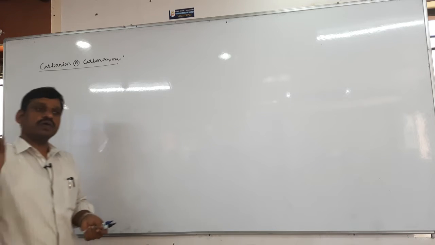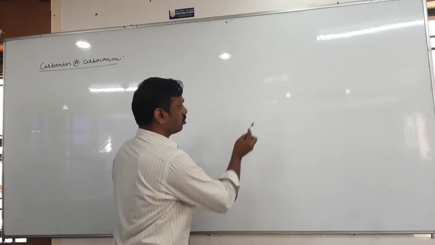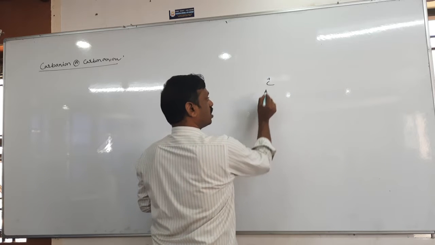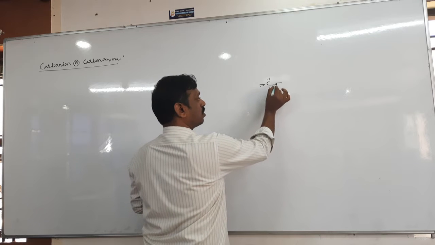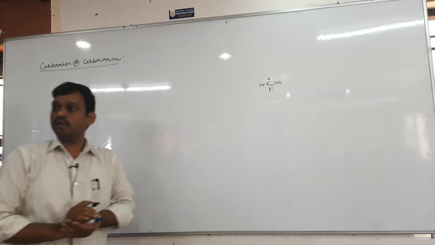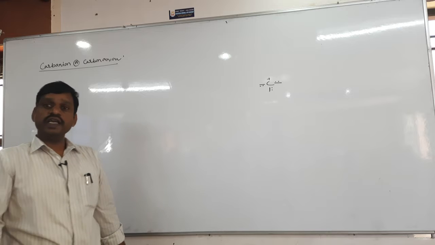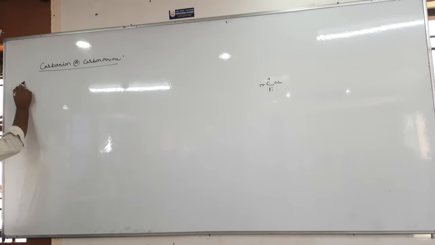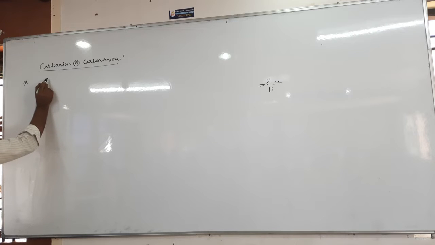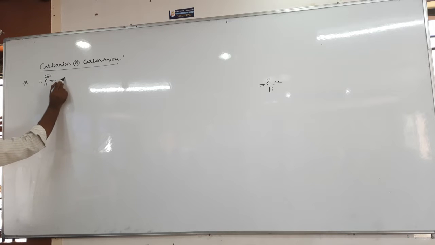The organic compound in which carbon carries a positive charge. Positive charge, having how many valence electrons? Having 6 valence electrons after sharing is a carbocation. Then carbanion is similar: the organic compound in which carbon carries a negative charge, and having how many electrons? 6 plus 2, 8 electrons in the valency shell after sharing.